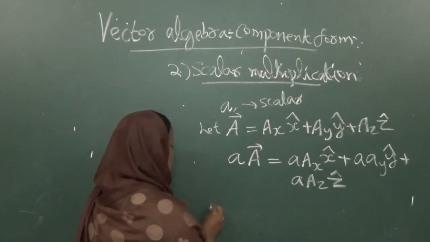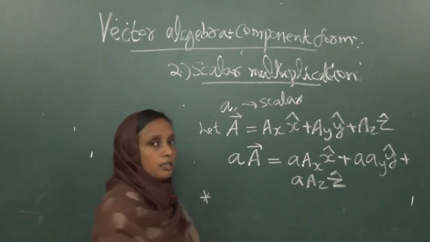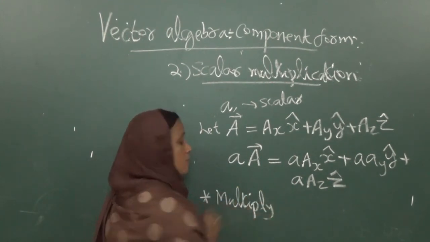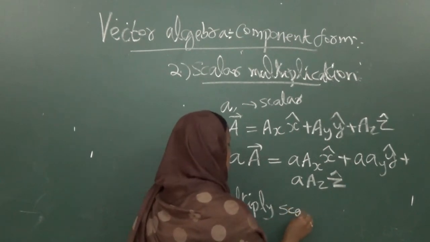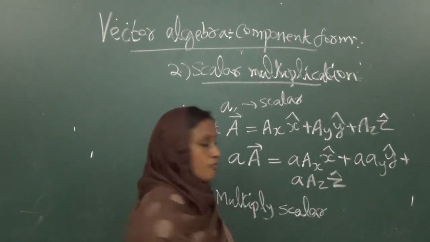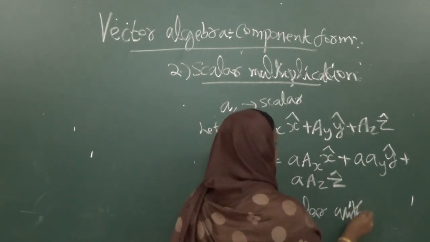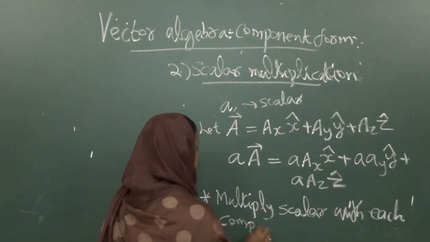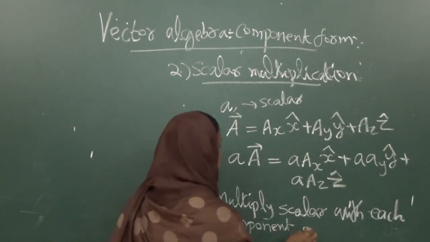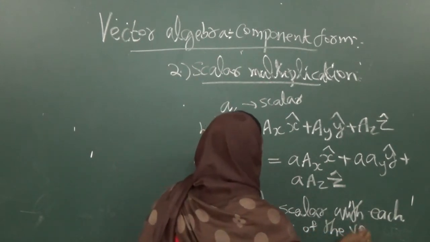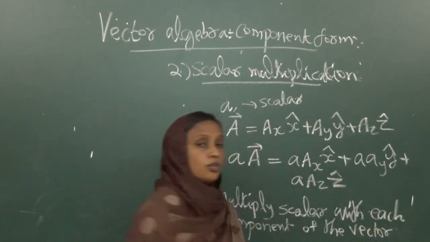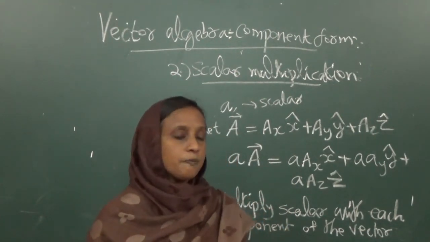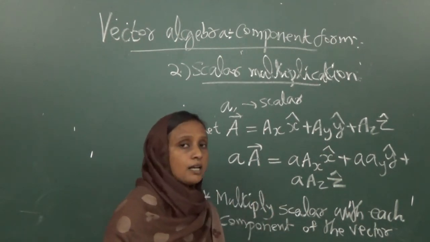So the rule for scalar multiplication is: multiply the scalar with each component of the vector. This is the rule for scalar multiplication.